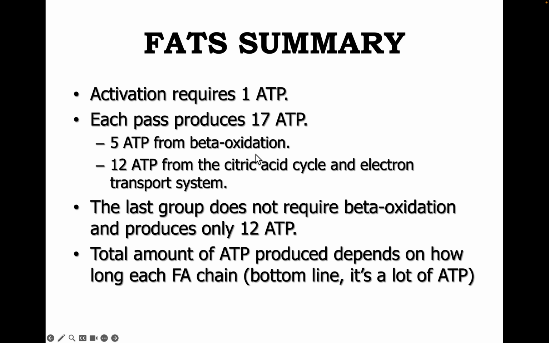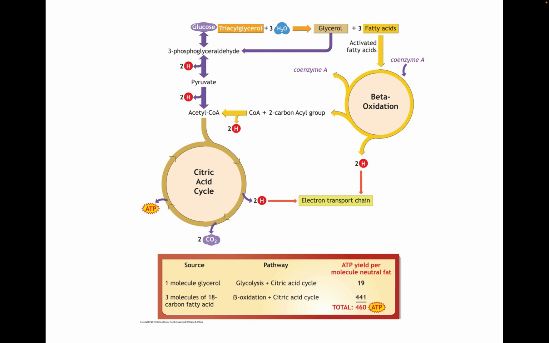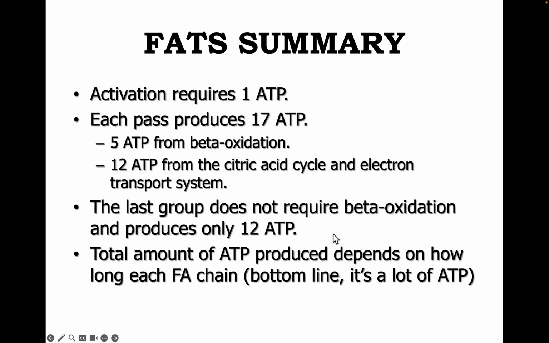Specifically, 5 ATP is created from beta oxidation, and 12 ATP are created from the citric acid cycle and the electron transport chain. The last breakdown of those 3 different fatty acids does not require beta oxidation to occur, so it produces only 12 ATP.